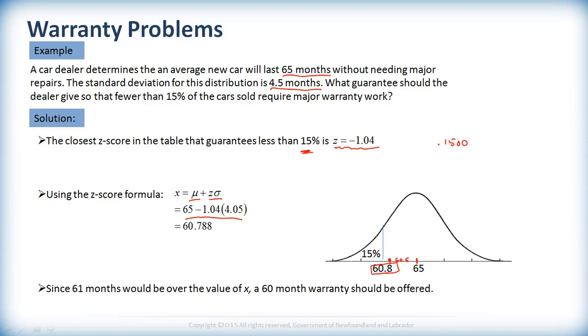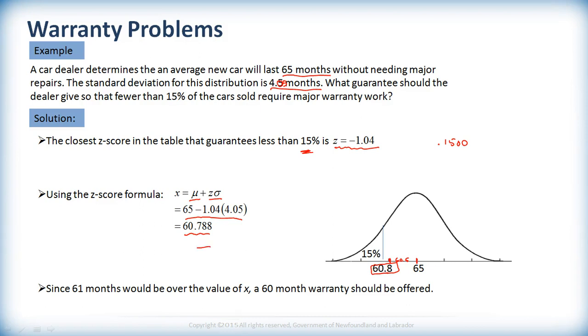Oh, this should be 4.5, maybe that's why I wasn't getting it quite right. 4.5 months, and that gives us 60.788. So if we want to guarantee that at most 15% are below us, we're going to have to take 60.788 and round it off to the nearest month.